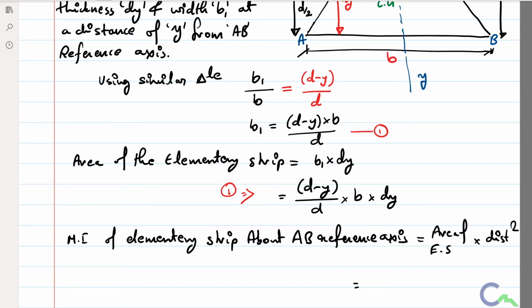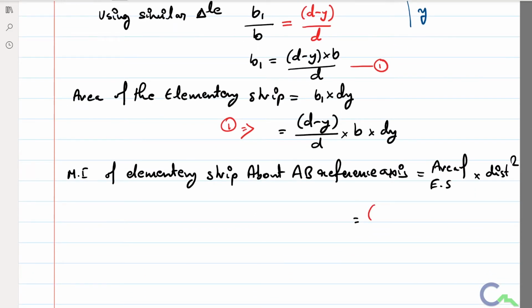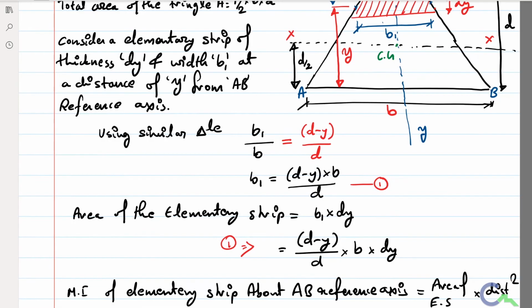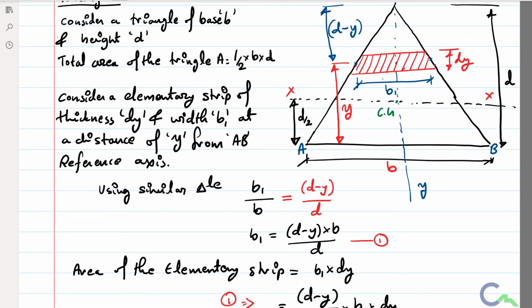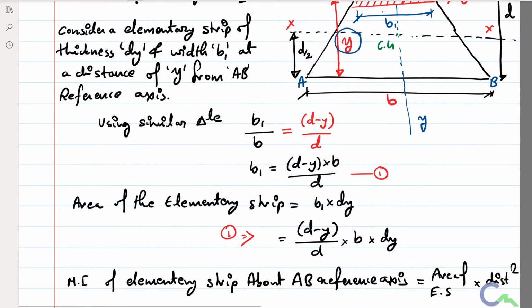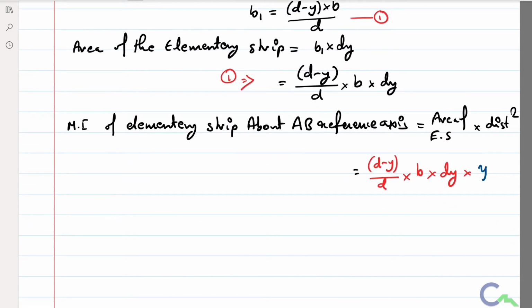The area of the elementary strip we just calculated is d minus y divided by d into b into dy, into the distance from the AB reference axis. The distance we assume is y, so I will take y square. This is the moment of inertia of the elementary strip about the AB axis.